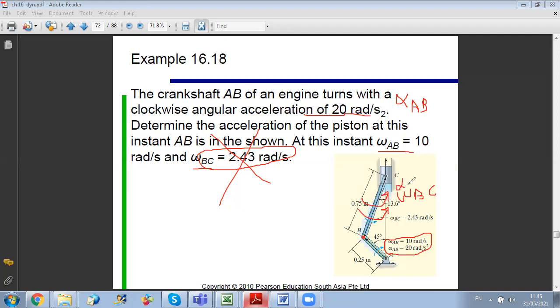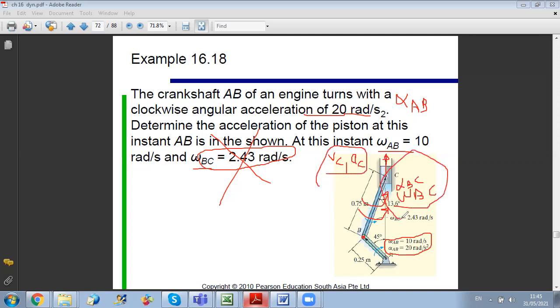And of course, for point C, we just know that it is moving along a slot, so it's doing rectilinear motion, but we don't know the magnitude of BC, and we don't know the magnitude of AC. So we have 4 unknowns in this case. And if we have 4 unknowns, we need 4 equations.